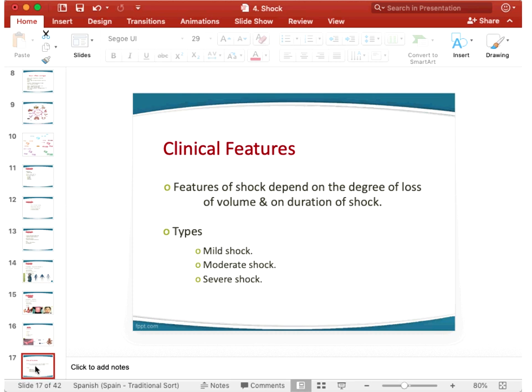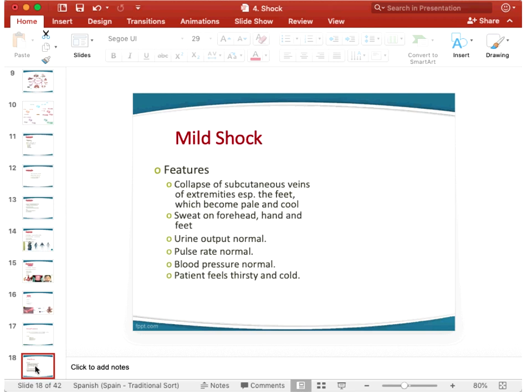So you have already all the types of shock. But there are degrees of shock in these types. You may have a mild, a moderate, or severe shock. But in either case, you have to identify them quickly. What are the clinical characteristics?